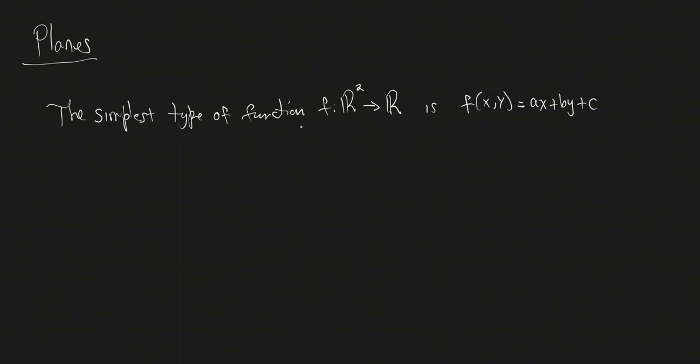This is basically the simplest type of function of two variables. It could be written like this, or we could explicitly say that z is equal to ax plus by plus c.